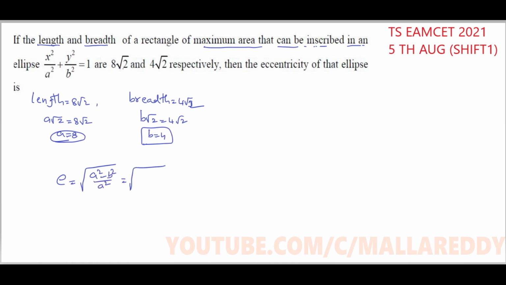That is under root of a square, that is 64, minus b square 16, by a square is 64. That is 64 minus 16, root over 48 by 64. This is 4 cancelled 2 times, 4 1s are 4, and 3 4s, that is equal to root over 3 by 4. Therefore eccentricity of the ellipse is equal to root 3 by 2.